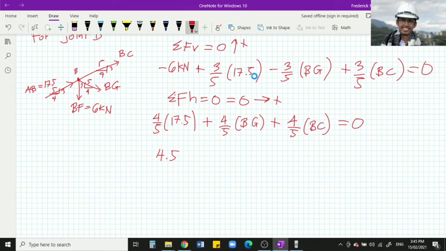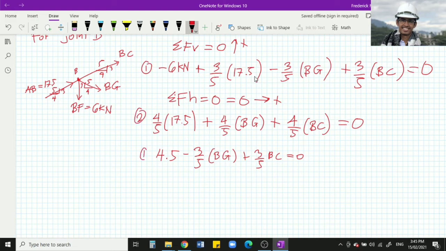So 4.5 minus 3 over 5 BG plus 3 over 5 BC. Okay? So, ilipat natin tong 4.5 sa kabila. Let this be equation 1 and ito is equation 2.